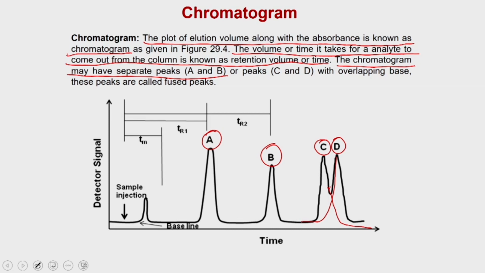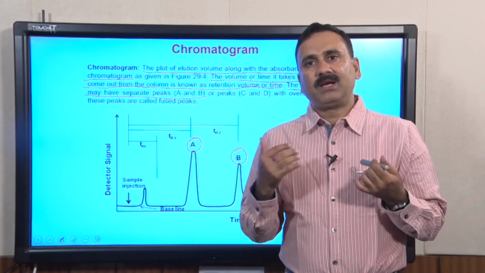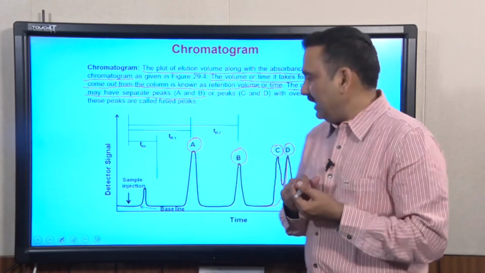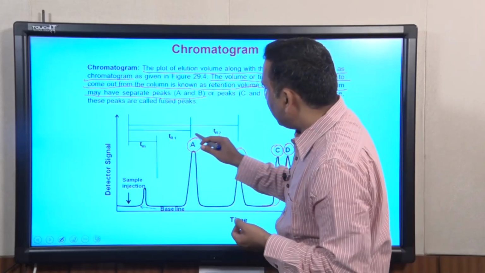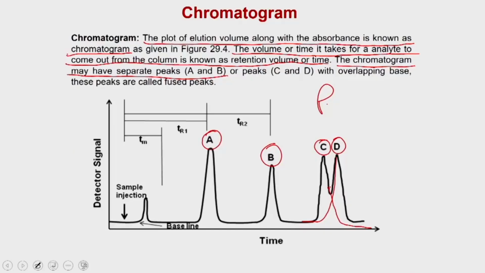C and D. So, what can be used as a criterion to see whether my column is good or bad? The ability of a column to separate two molecules is known as the resolution, and the resolution depends on two parameters.